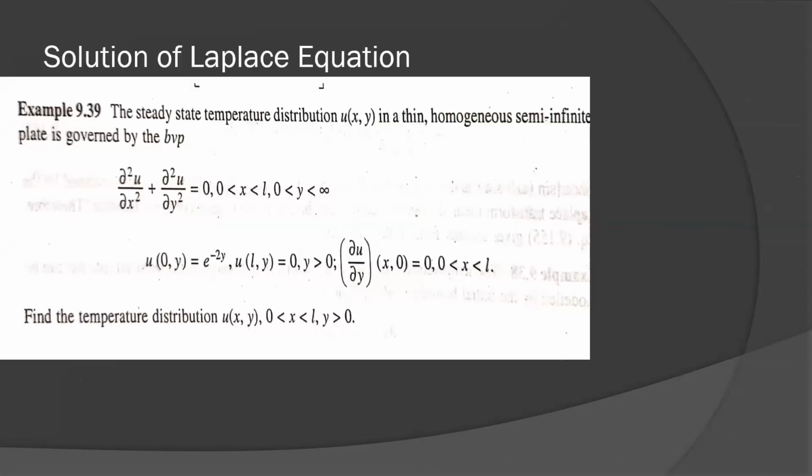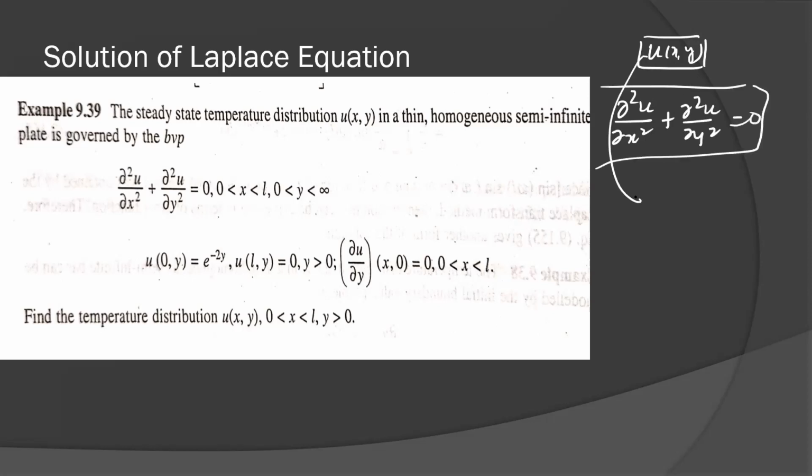Next we have a famous Laplace equation. We know that if we have u(x,y) and it has continuous second order partial derivatives in x and y, then an equation which satisfies ∂²u/∂x² + ∂²u/∂y² = 0 is called the Laplace equation.